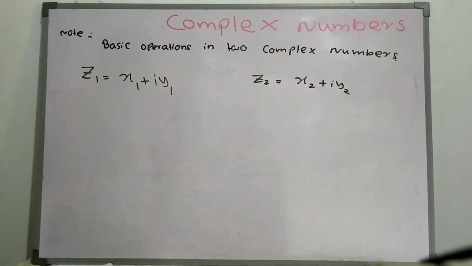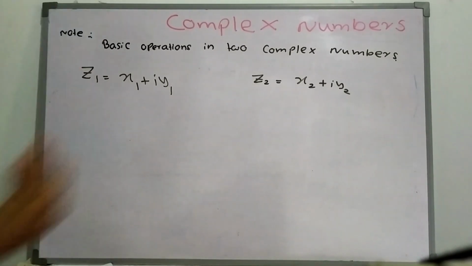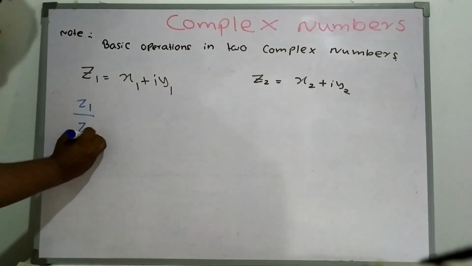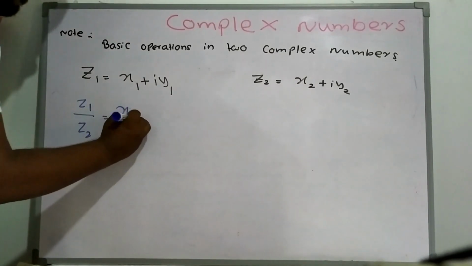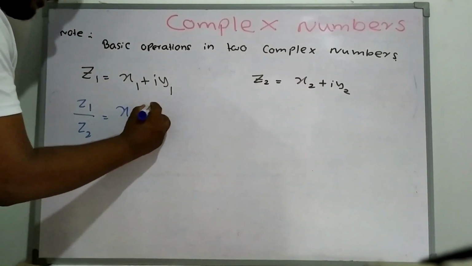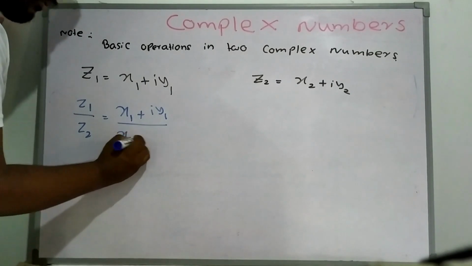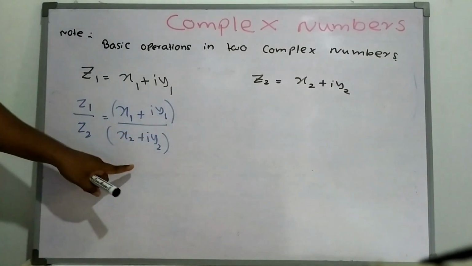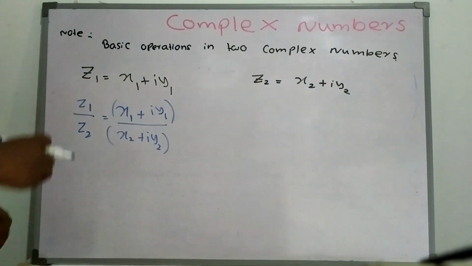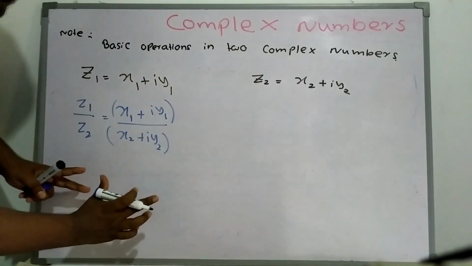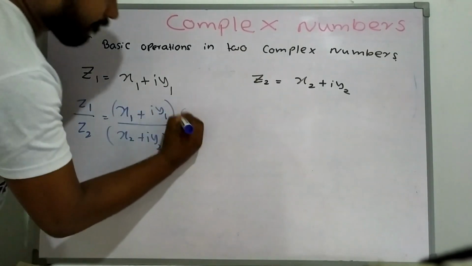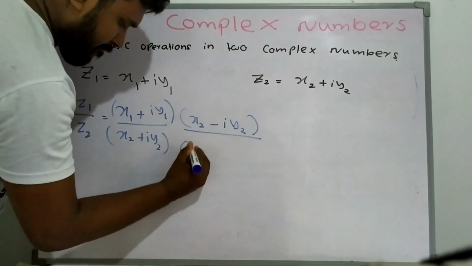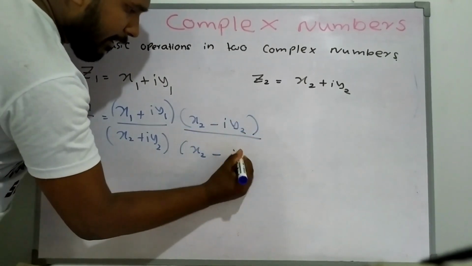Okay, let's look at the division of two complex numbers. z1 over z2 is x1 plus iy1 over x2 plus iy2. Here I'm going to multiply by the conjugate of the denominator, x2 minus iy2, in both numerator and denominator.